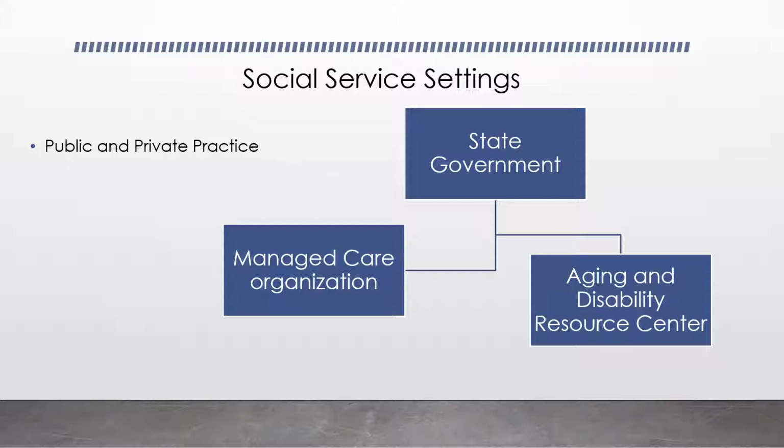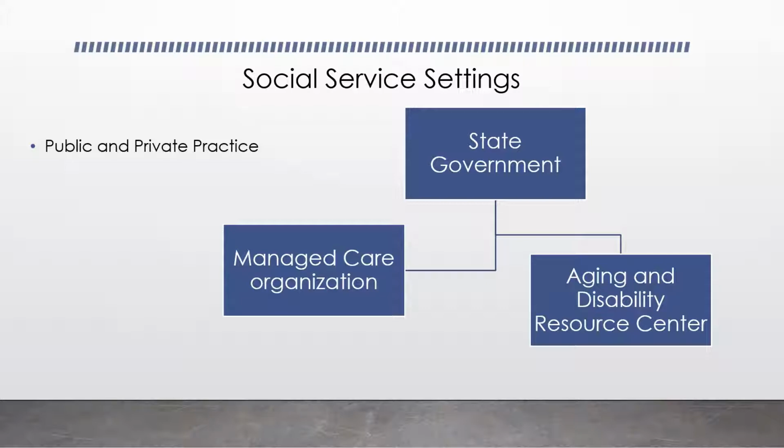So, for example, with the Kansas Department of Aging and Disability Services, they have a legal mandate through the state laws to run Medicaid programs for those who are older adults and frail, and those with disabilities. Individuals who receive these services have to both pass the financial eligibility as well as the functional eligibility.